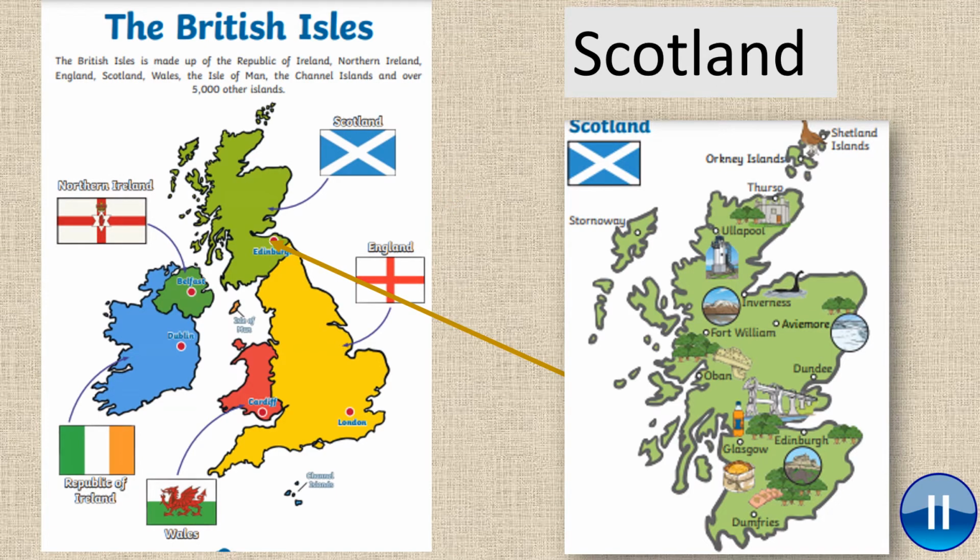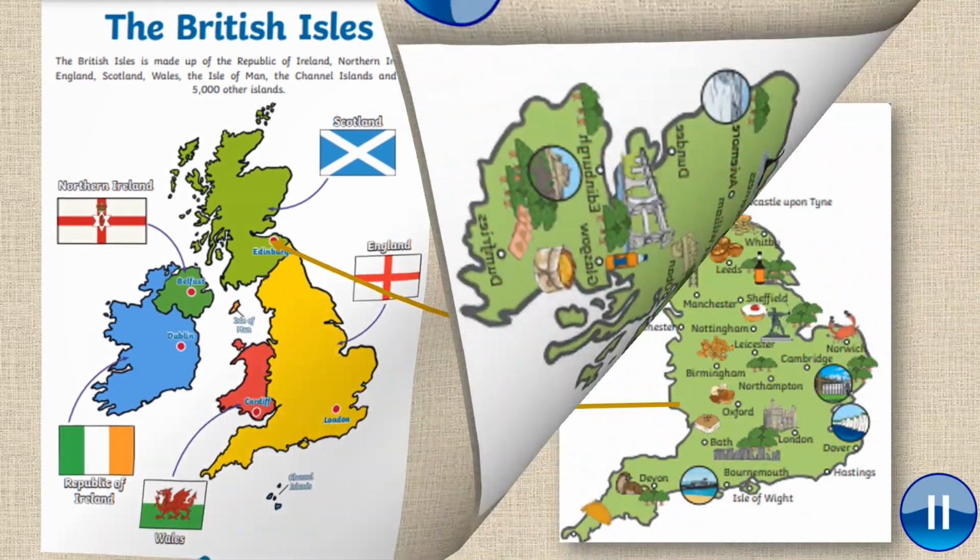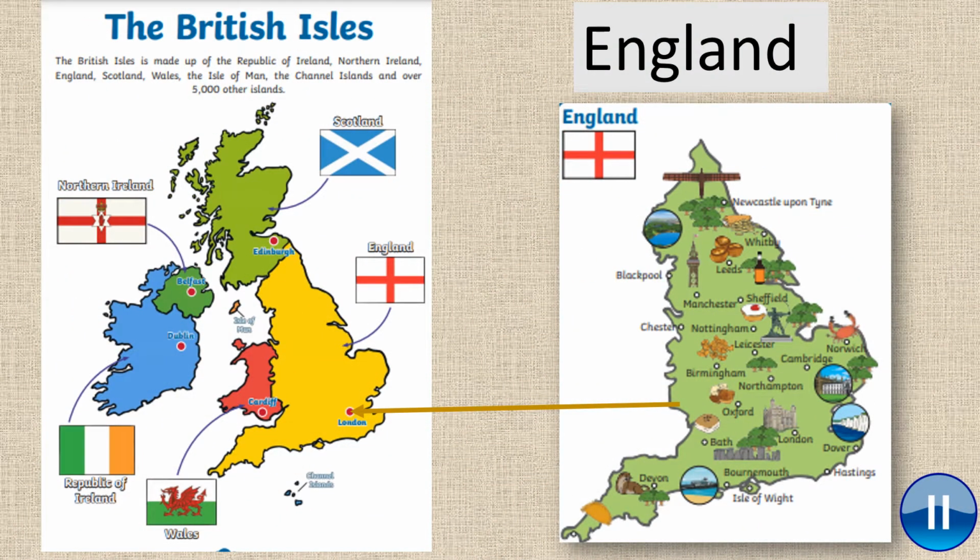So this part of the UK is Scotland, the top part, okay? And its capital city is Edinburgh. This section of the UK is England, and the capital city of England is London.